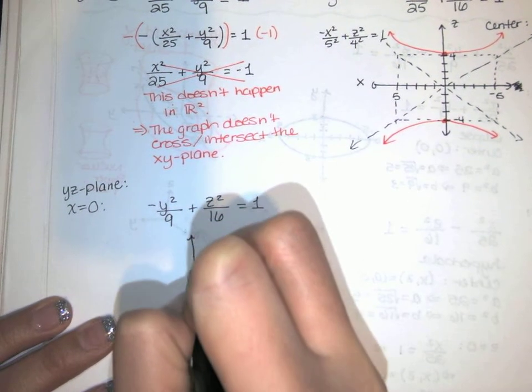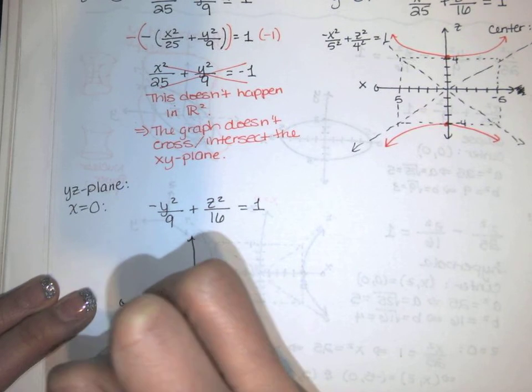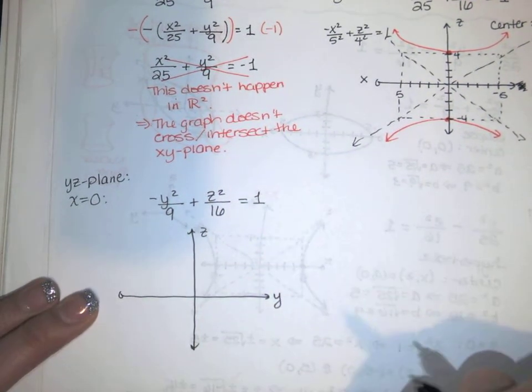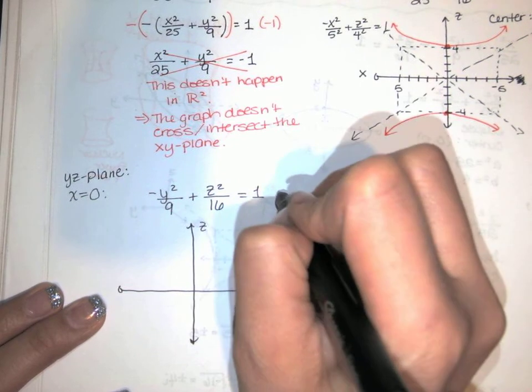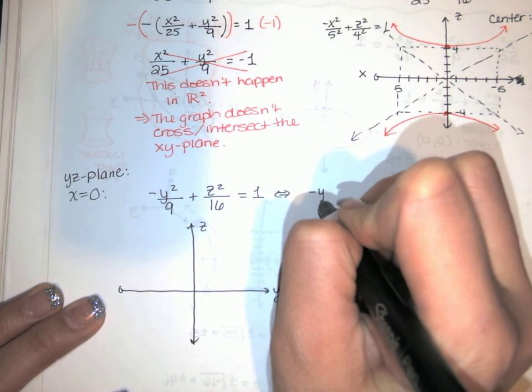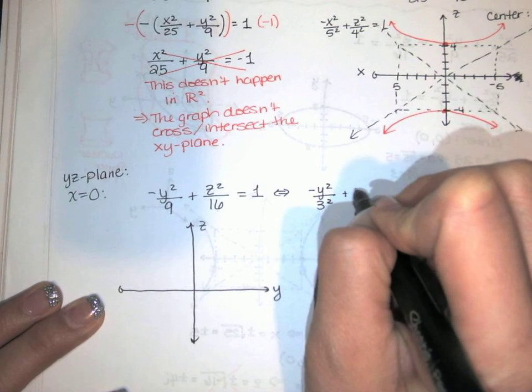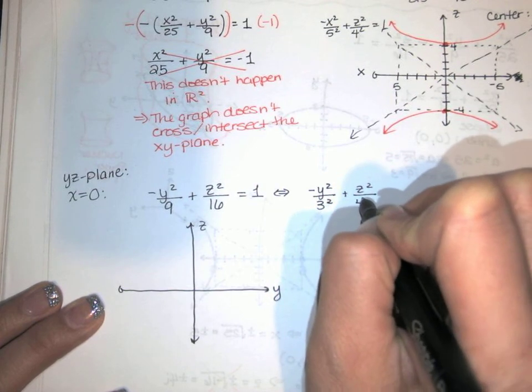Hope you see another hyperbola. Here's the z-axis, there's the y-axis. I'm going to write that with our perfect squares in the denominator. So 9 is 3 squared. 16 is 4 squared.